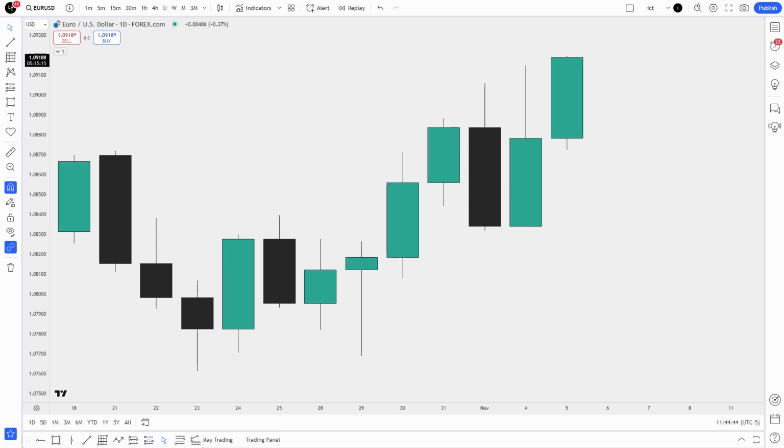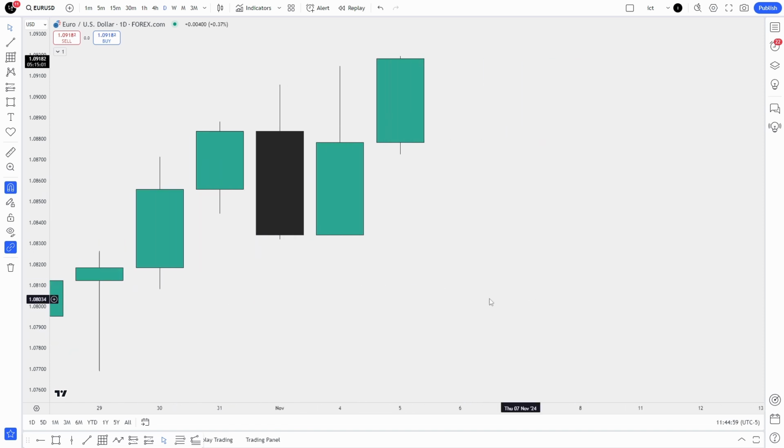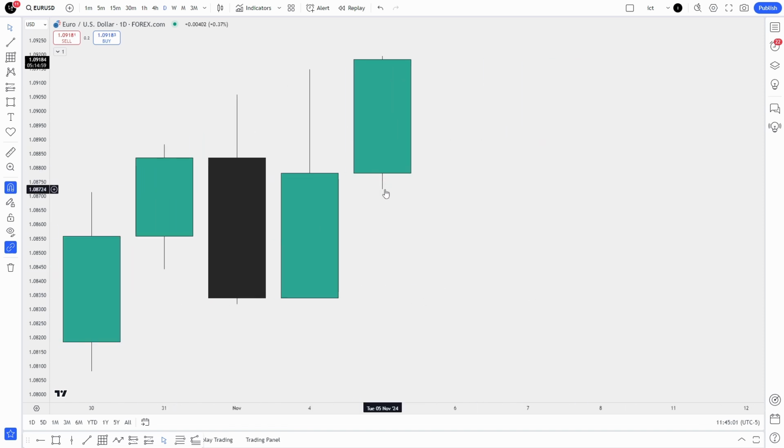So let's dive right into the charts and show you what I mean. You may be asking, Loz, what exactly are we looking for? I'll tell you right now, we are looking for a classic buy or a classic sell day. So a classic buy day is defined as we open, we do the swing lower, creating the low of the day, trade higher, and this is the portion you're trading.